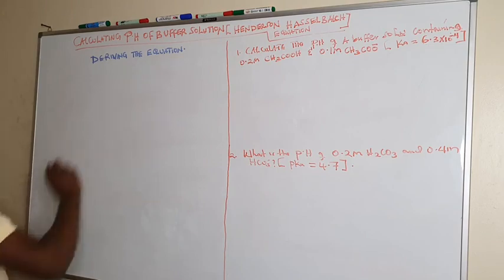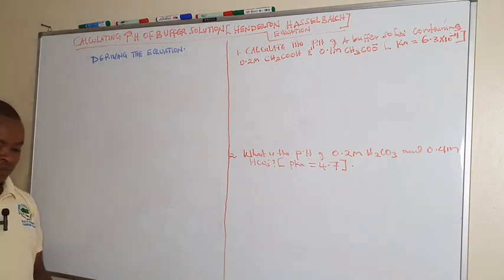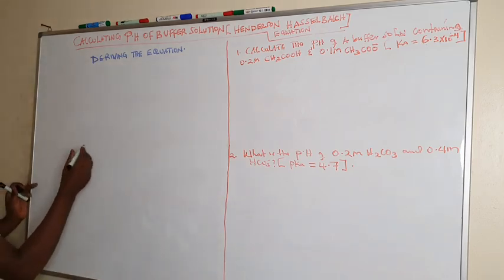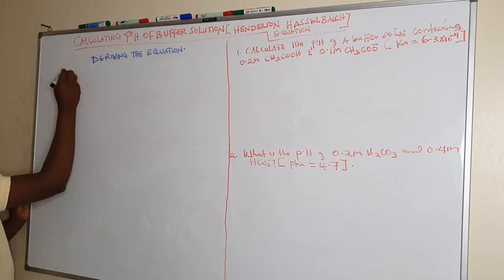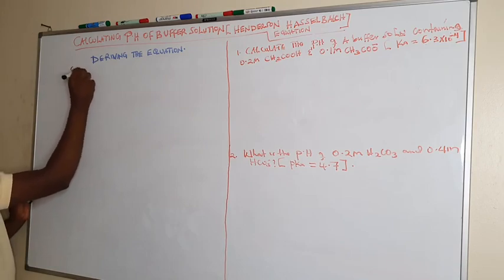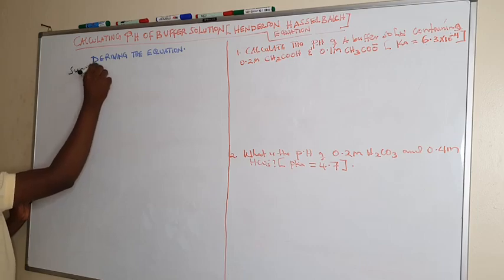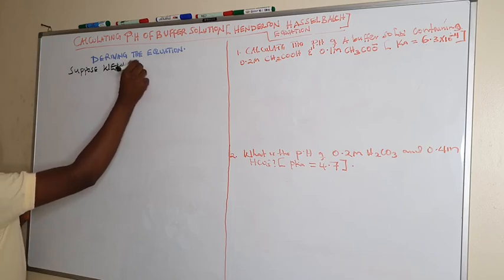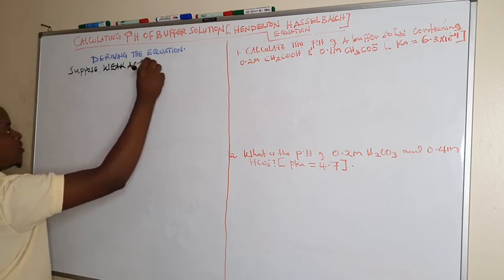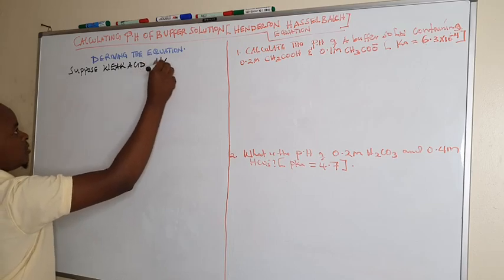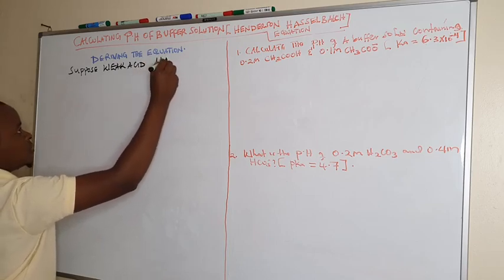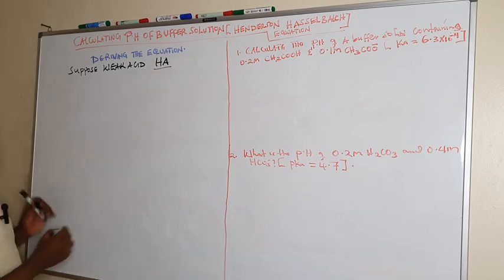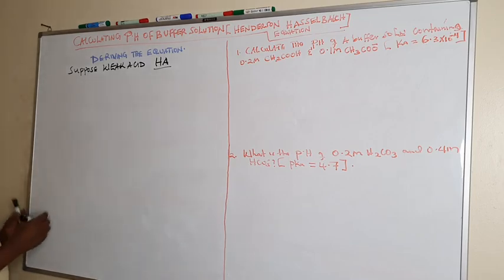So I want to begin by deriving the Henderson-Hasselbalch equation. Suppose we have a weak acid, known as HA. We are going to use this weak acid to derive the equation.